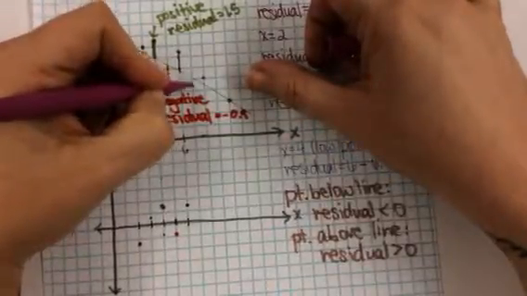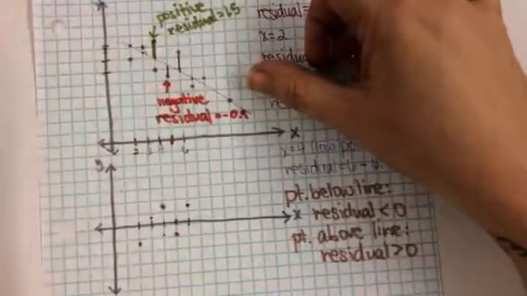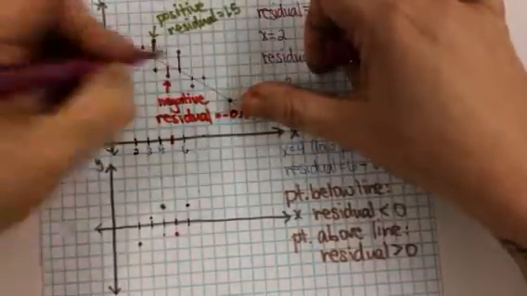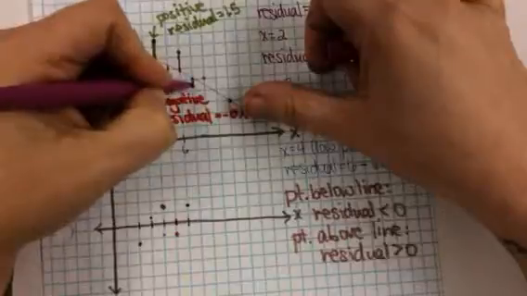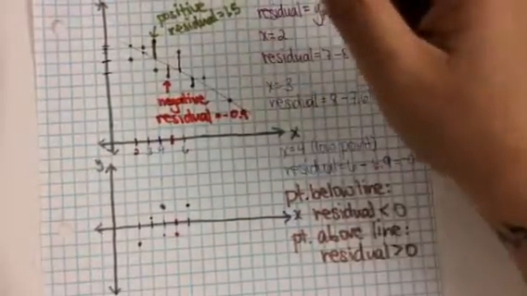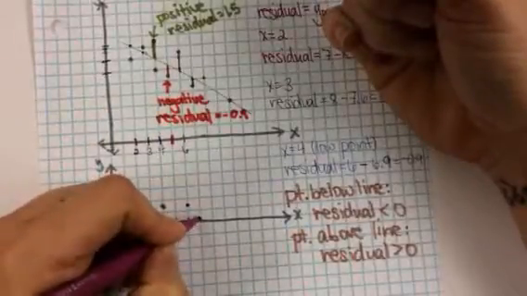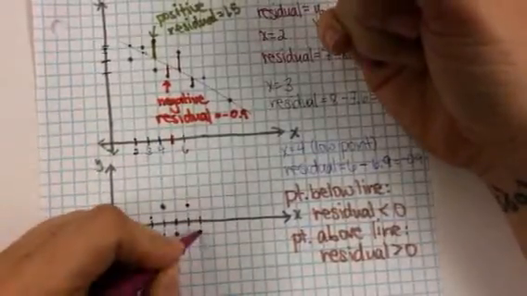This one, it's below, so it's going to be negative. That's pretty small. Maybe that's 0.1. Maybe it's 0.2. Again, we're estimating, so we're going to get different answers. That looks like 0.6 to me, so I'm going to say it's 0.1 plus 0.6, which would make it 0.7, but it's below, so it's negative.